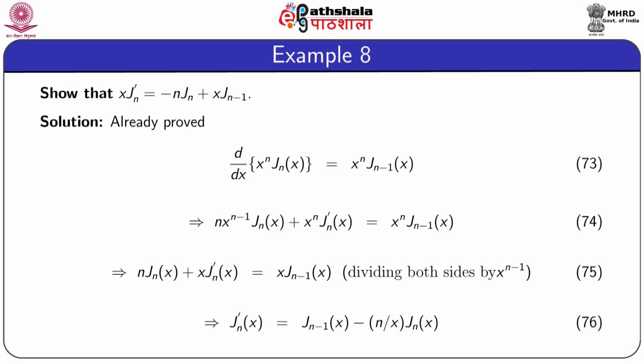If we use the product formula in d/dx of x^n J_n(x), we will get n x^{n-1} J_n(x) + x^n J'_n is equal to x^n J_{n-1}. We divide both sides by x^{n-1} and we get the result J'_n is equal to J_{n-1}(x) - (n/x) J_n(x), which is what we need to prove.